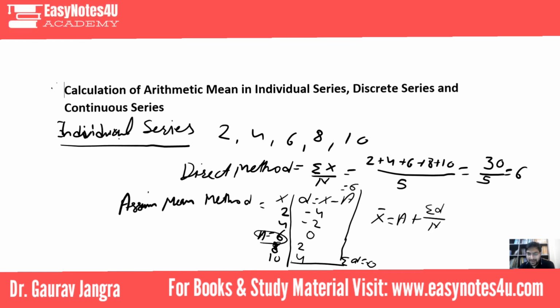Here a means the assumed mean, 6. Summation d is 0. Total number of observations is 5. So the mean will be 6. So this is the method from the assumed mean method.